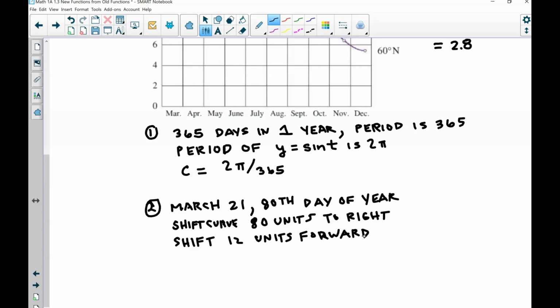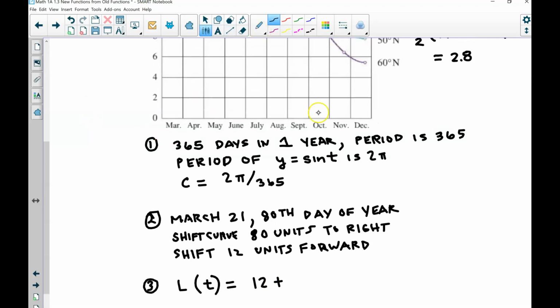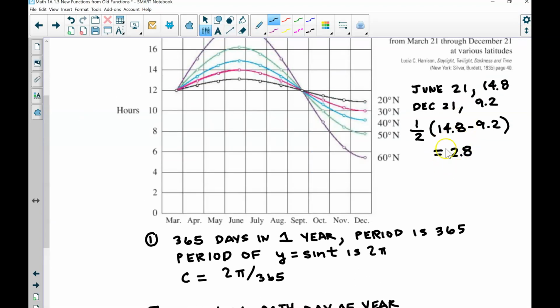So therefore, we would get the following model. We would say that the function L of t is equal to shifting it 12 units, so it would be 12 plus, again, coming back up here, we know that we have 2.8 as the amount that we're stretching the curve vertically by.